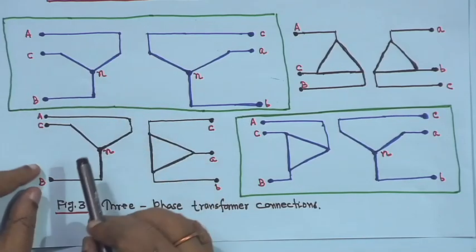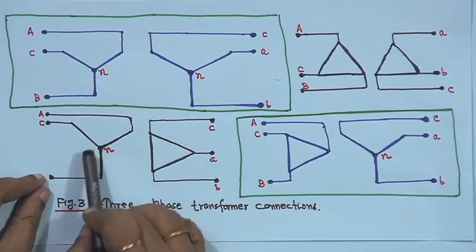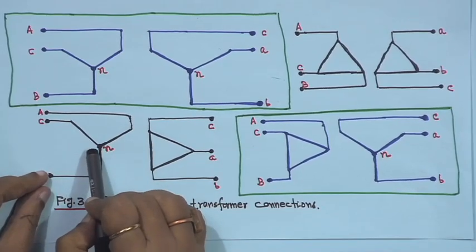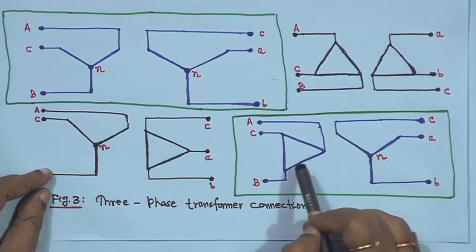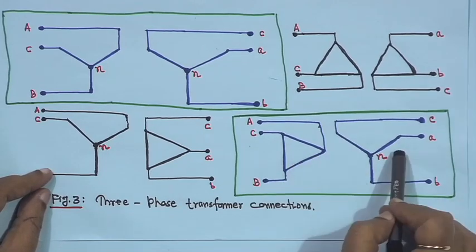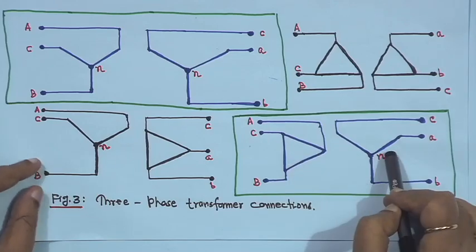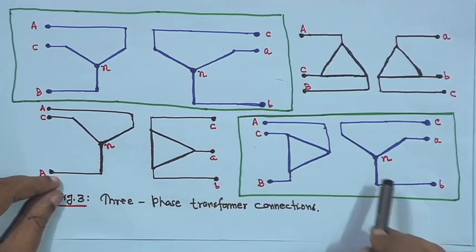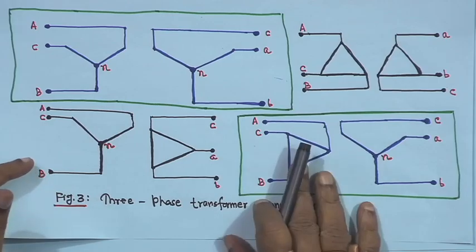For a step down transformer, suppose 220 kV to 132 kV, this side should be the high voltage side and that the low voltage side. For a step up, for example 33 kV to 220 kV, this side will be the low voltage side and that the high voltage side. So the star side should always be at the high voltage side and delta always at the low voltage side. I hope you have understood this part.